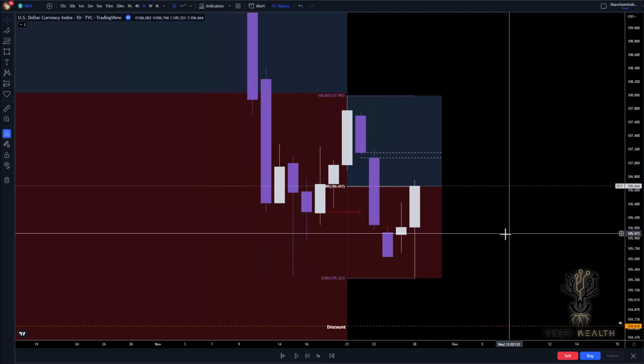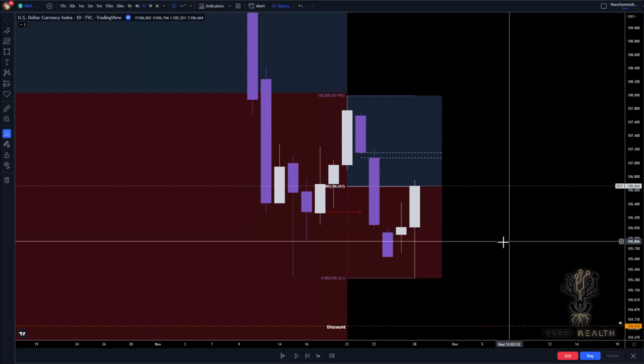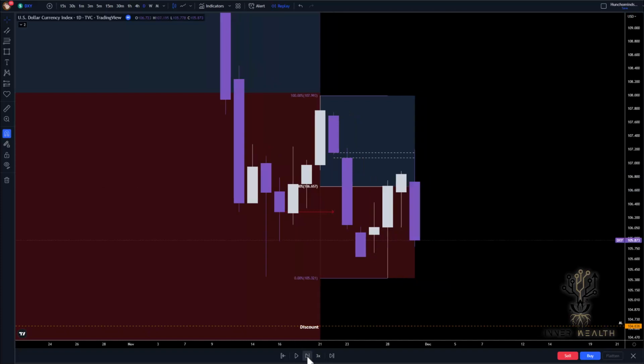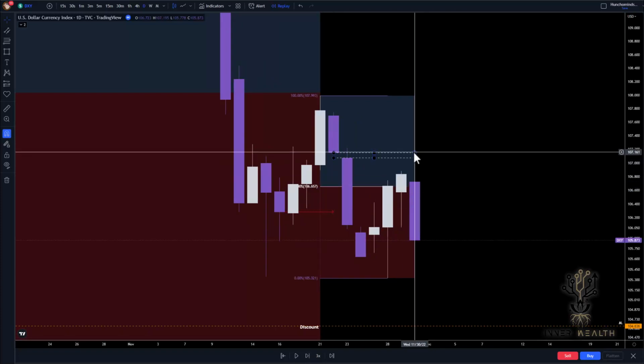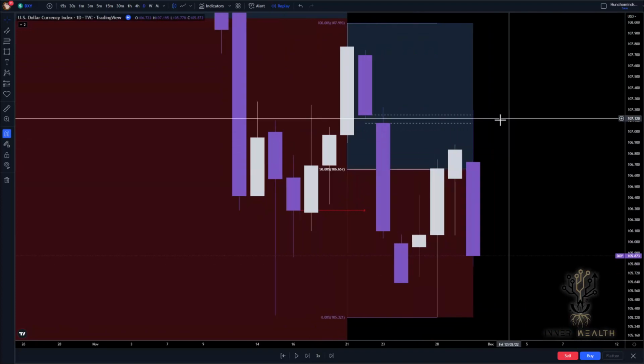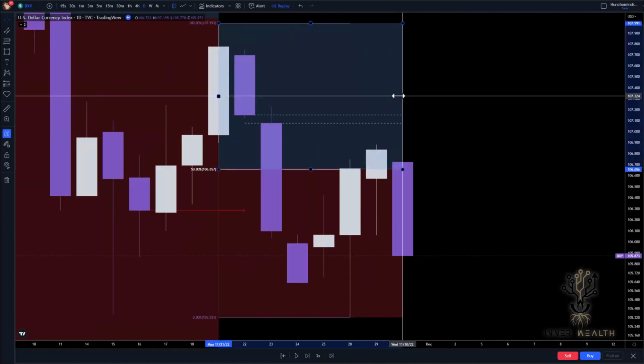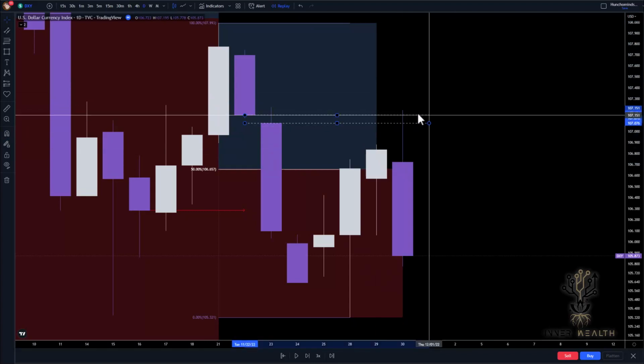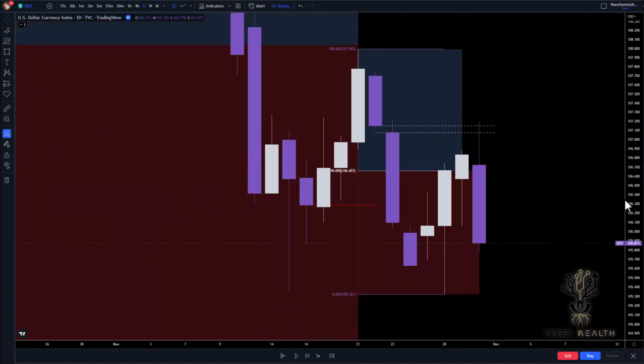You guys are very familiar with those. I have shown them to you guys before. And price action just moves higher into, if you guys can see here, right into our inefficiency there, or gap.